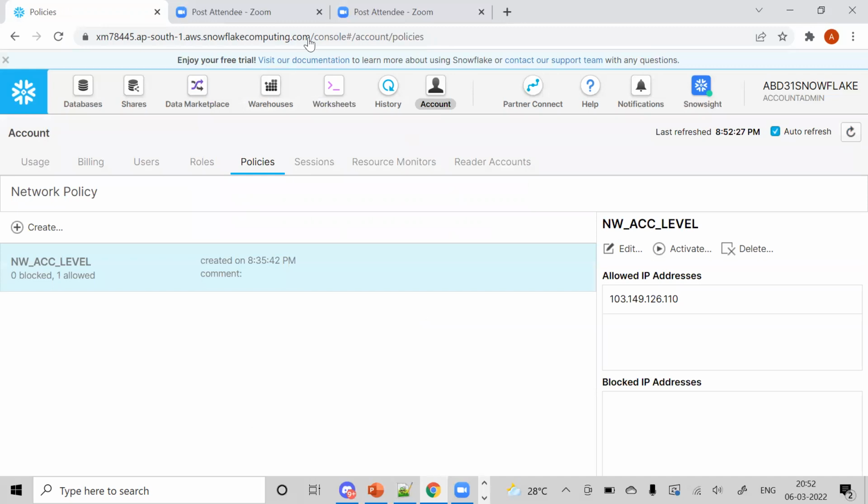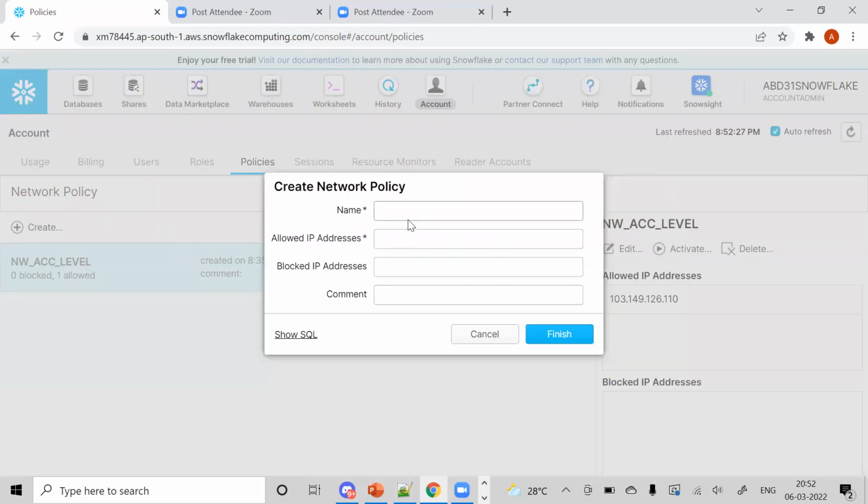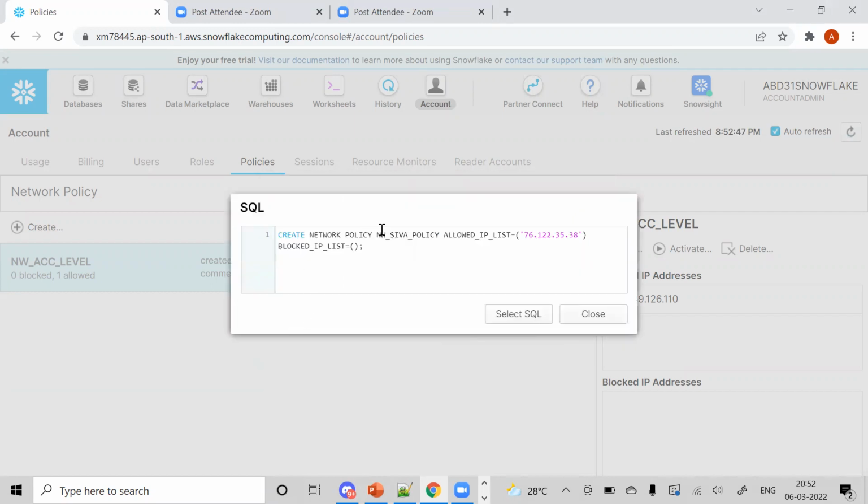Let's quickly check it. I will create a separate policy, network underscore Shiva policy. Whenever Shiva logs in, only his IP is allowed. I'll just give your IP address here. And see, this is how you create a network policy: name of the policy, allowed list equal to this, blocked list equal to this.